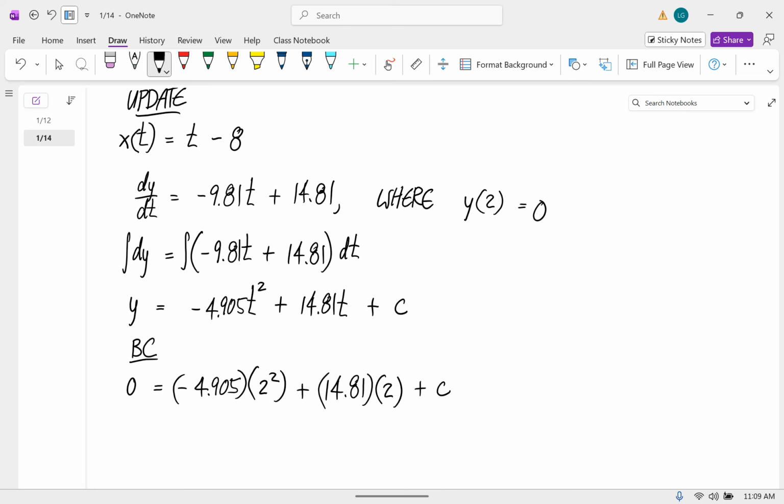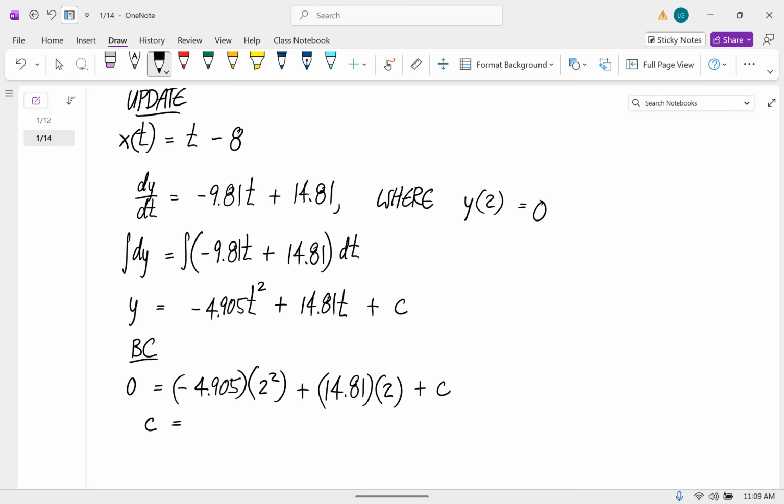When I did it in the calculator, c was -10.